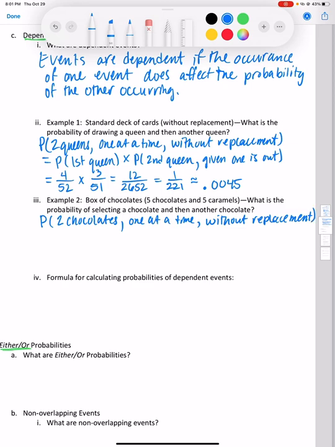That's equal to the probability of getting the first chocolate times the probability of getting the second chocolate given one is out.